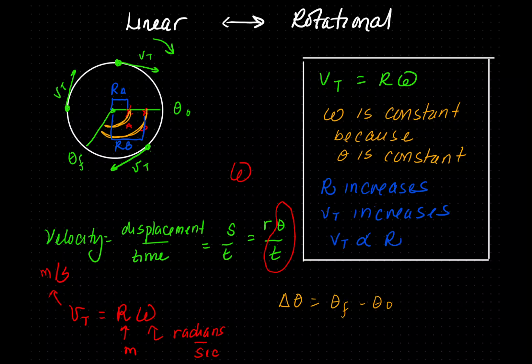So as R increases, V tangential increases because V tangential is proportional to the radius and vice versa. This alpha sign here is proportional to and not angular acceleration.